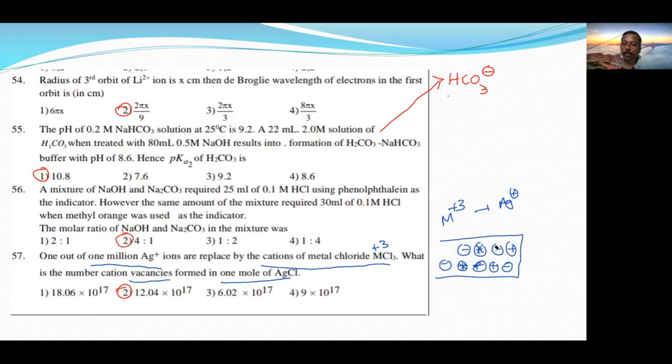See, 1, 2 and 3. Here vacancy, here vacancy, here it is negative. Okay, here it is vacancy. 1, 2, 3 vacancies are there. But in one of the places, M plus 3 will be occupying. So what are the vacancies? Here vacancy, here vacancy. So 1 M plus 3 will provide 2 vacancies. Is it clear through the diagram?